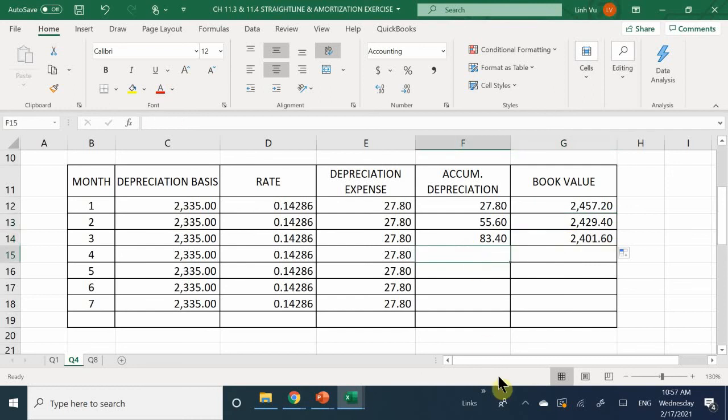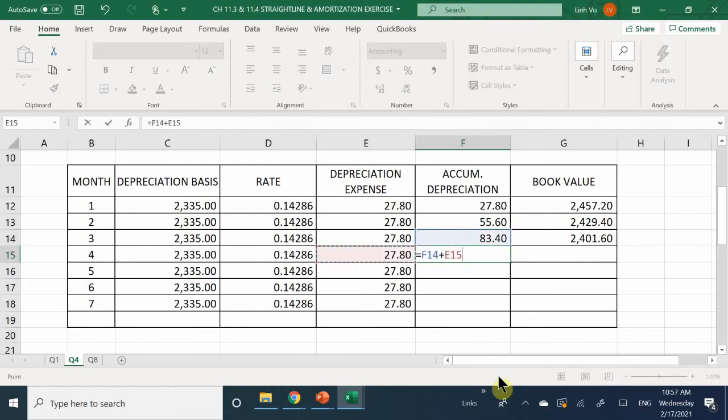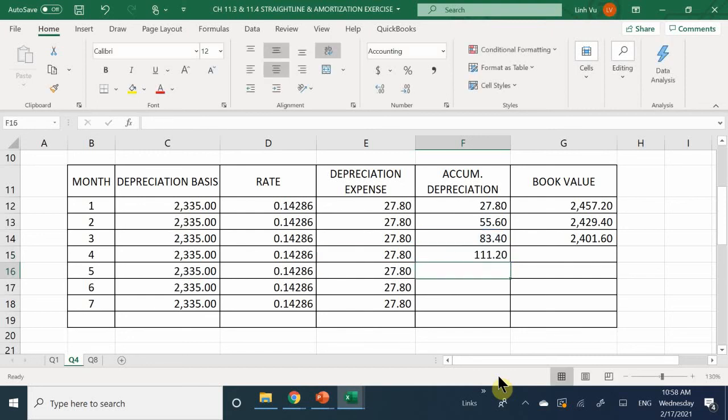What is the accumulated depreciation for year 4? 111.2. Good. And the book value is 2373.8. Good. All right, let's keep going.